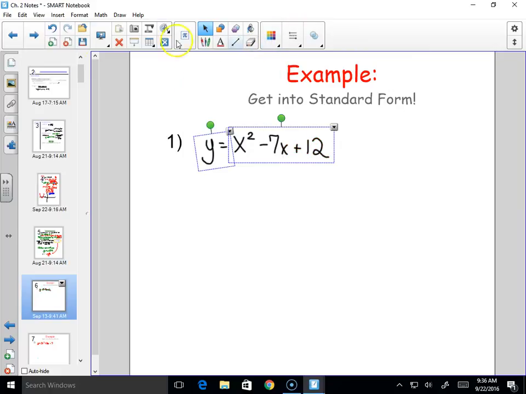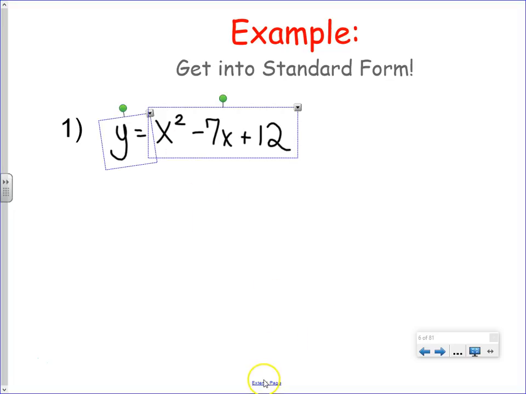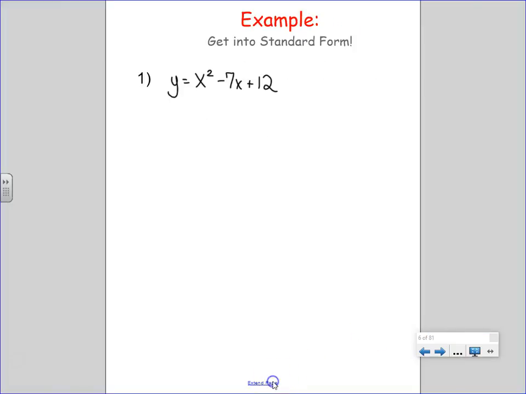Is it 12.25? Aw, you guys are using decimals?